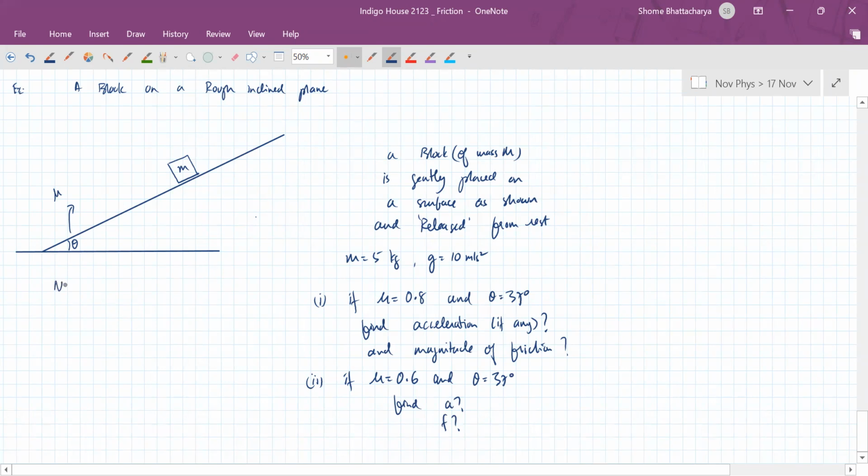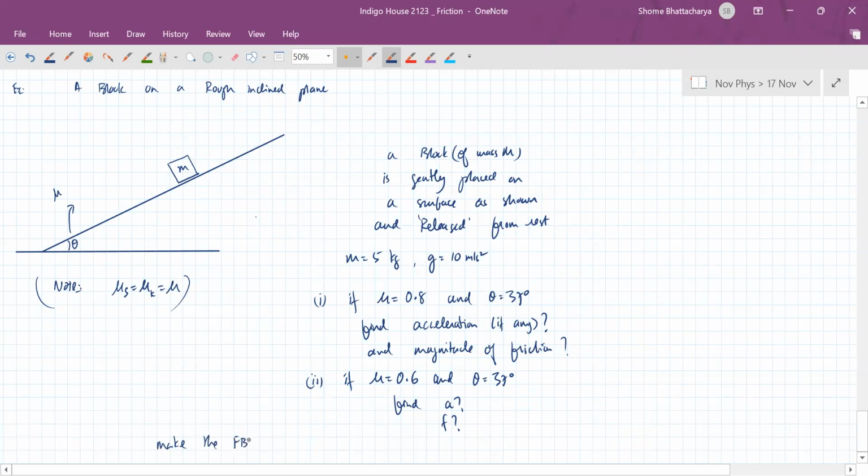In this case, coefficient of static friction is equal to coefficient of kinetic friction equal to mu. So take down the values and make the FBD of the block.